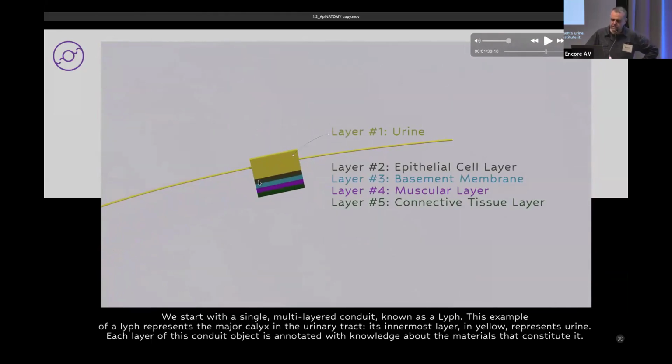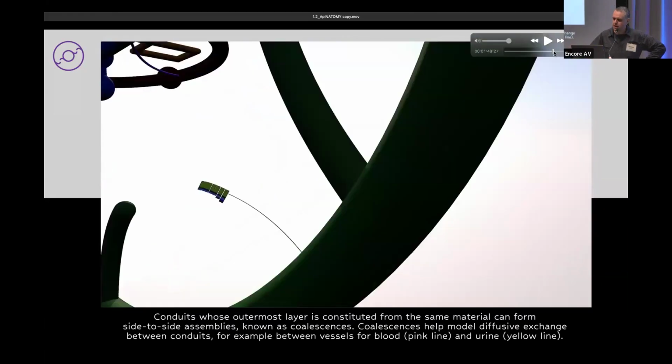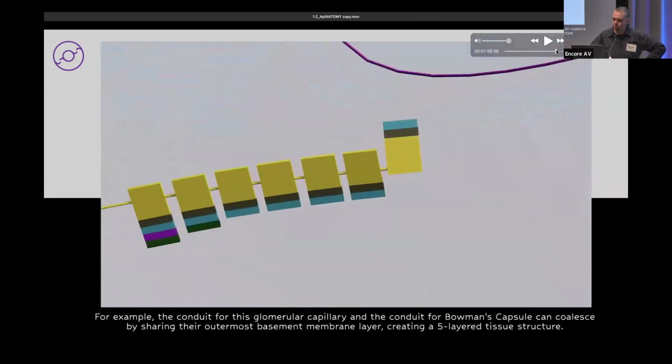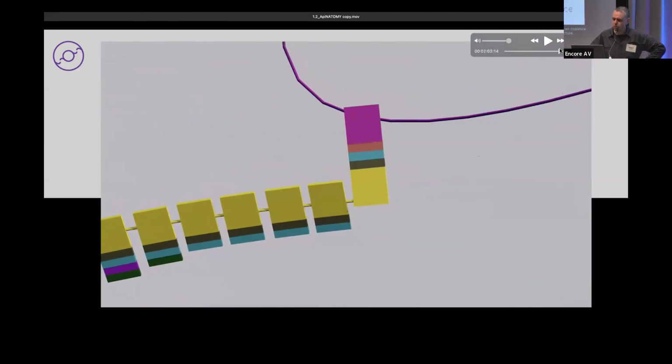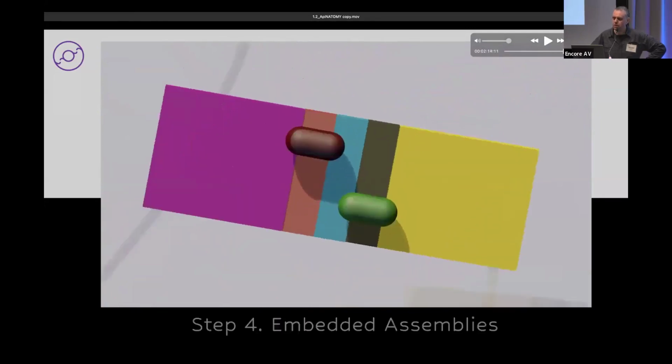So for example, this is a very idealized schematic slice from the major calyx, looking at the innermost layer for urine, epithelial cell layer, muscular layer, etc. And all these layers are represented in a knowledge graph, mapping to the relevant ontologies. It also allows us to create modular representations of tissue that you can then connect to track and model flow of fluids using these prefabricated compartments.